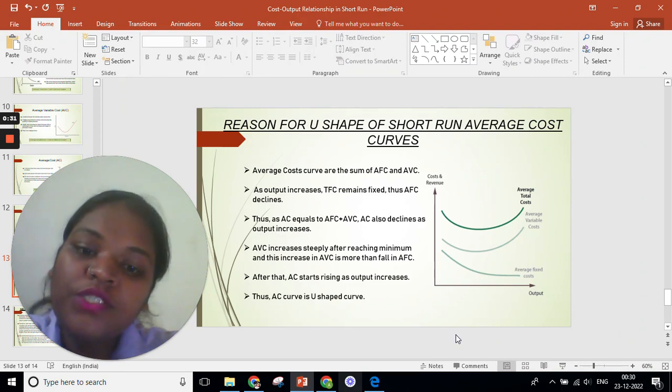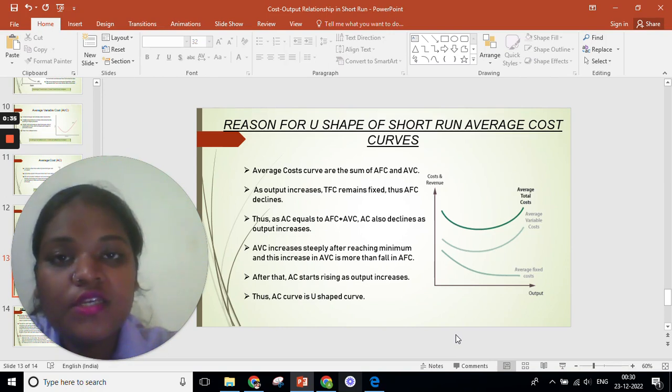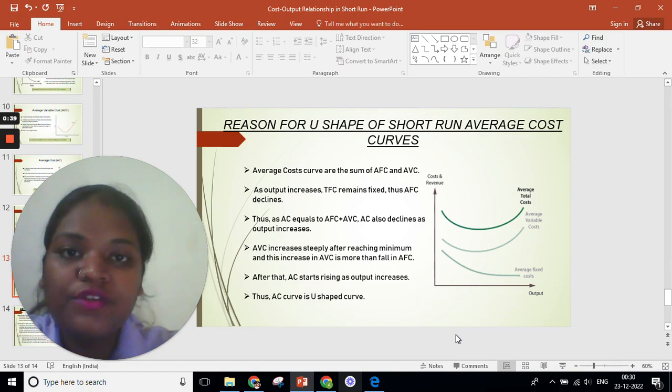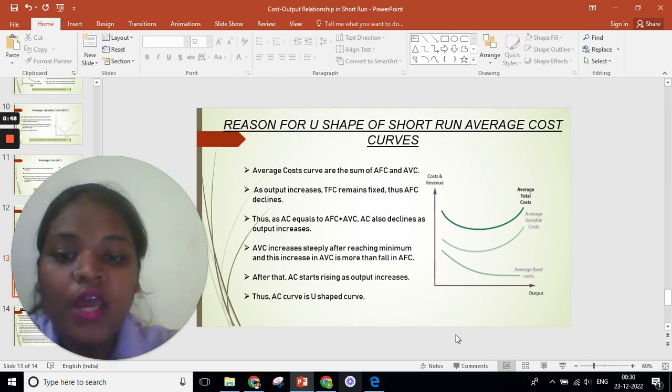Average variable cost increases steeply after reaching its minimum, and this increase in average variable cost is more than the fall in average fixed cost. After that, average cost starts rising as the output increases. Thus, you can say that the average cost curve is a U-shaped curve.